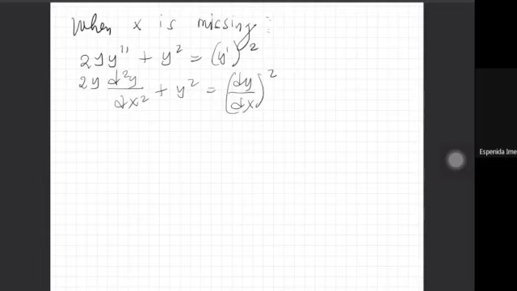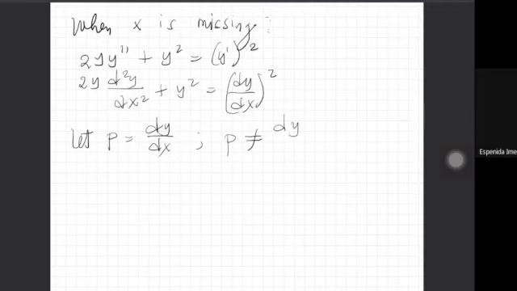Okay, so our substitution here is you let your p still be equal to dy/dx. However, for y double prime, the second derivative of y with respect to x, you cannot equate your p to it the same way, because you don't have an x variable. So how can you integrate if you have no x variable?